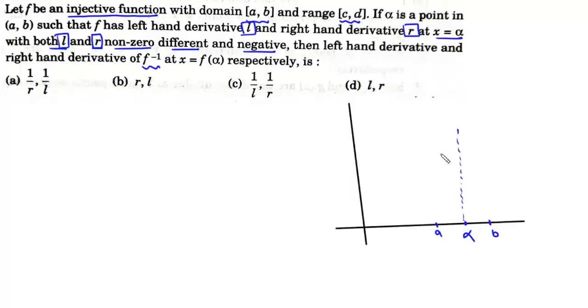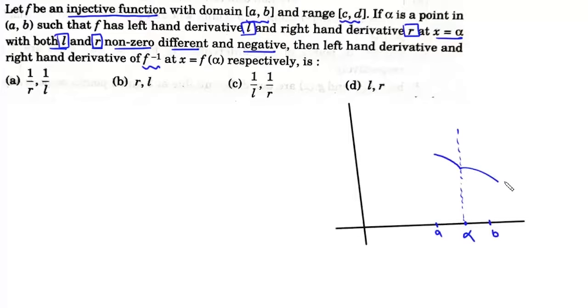So that means this function is decreasing in the left neighborhood of alpha, and right hand derivative is R, which also is negative but different. So on the right neighborhood of alpha also this function will be decreasing but with different slope.